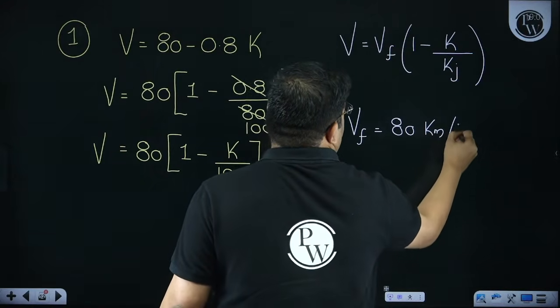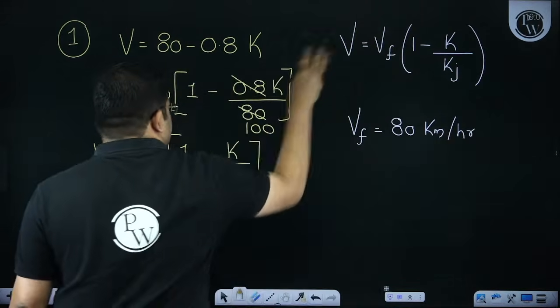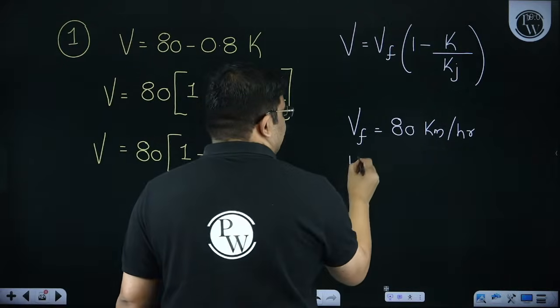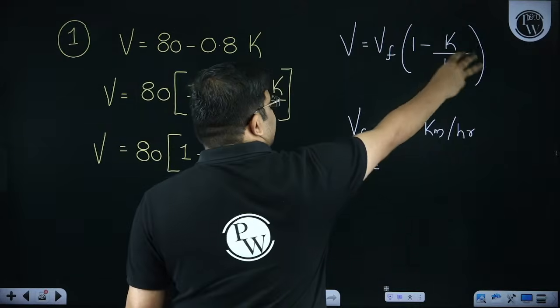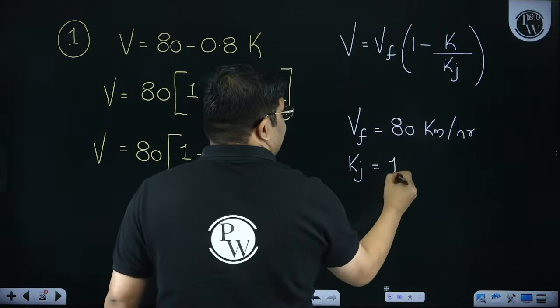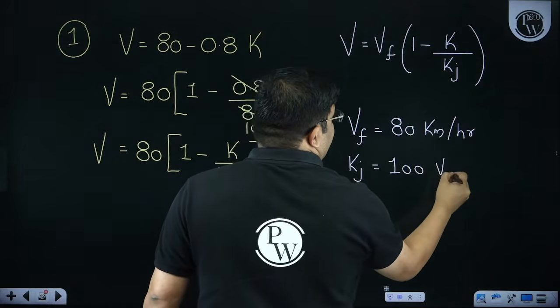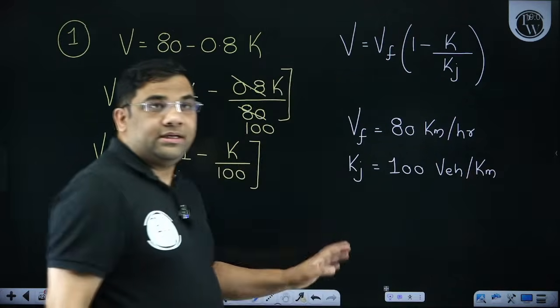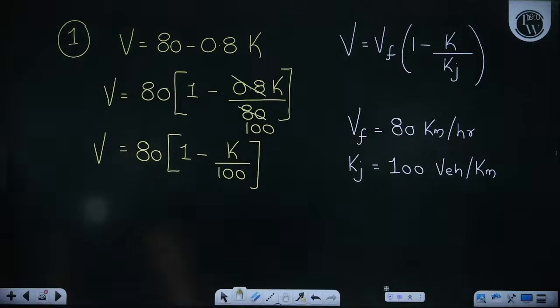And Kj, this is Kj, this is 100, so Kj is 100 vehicles per kilometer. So this is the linear model. From the equation, we got Vf is equal to 80 and Kj is equal to 100.